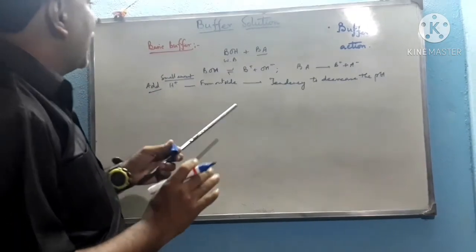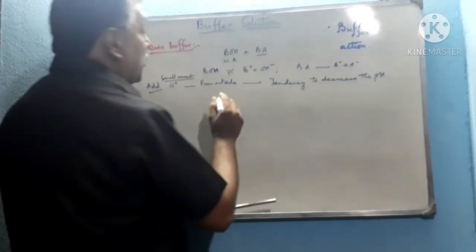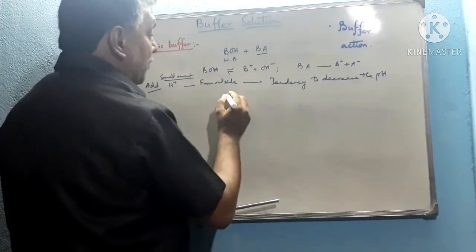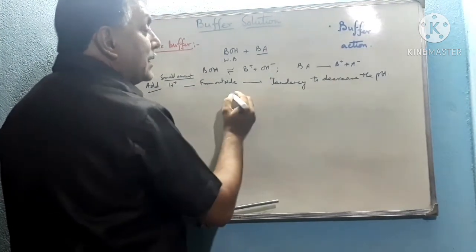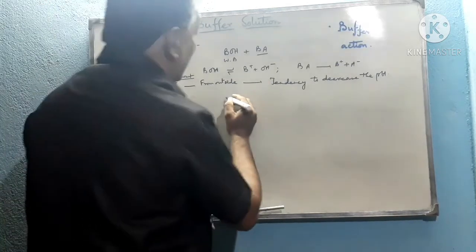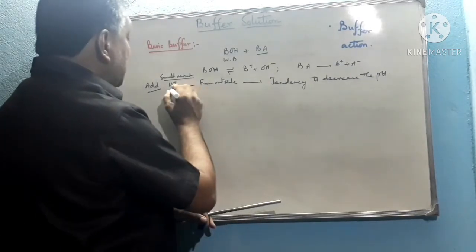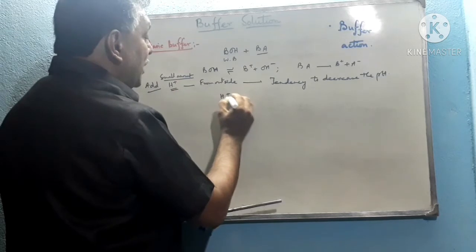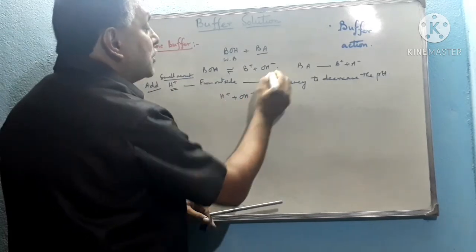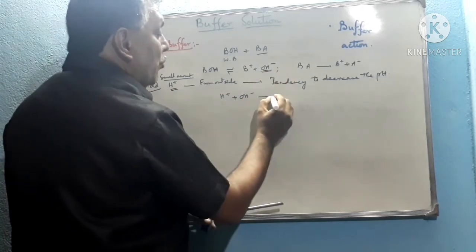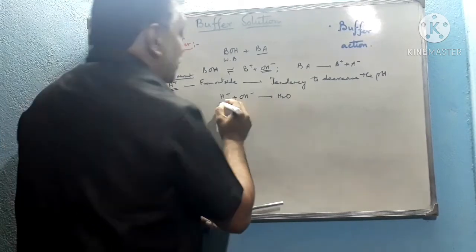tends to resist the change in pH of this solution when a small amount of acid is added. Now, this tendency to decrease the pH, how does it decrease? See this, that H plus combines with the OH minus that comes from this weak base to form water, and hence it is removed from the solution.